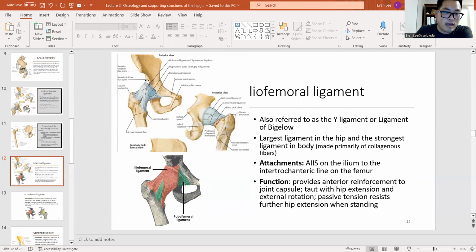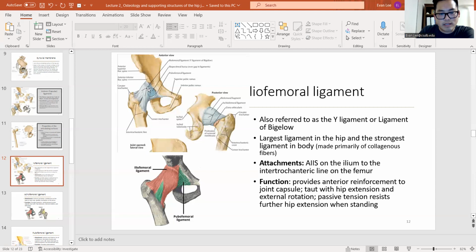This is called the anterior inferior iliac spine. So anterior inferior iliac spine, this is where this ligament will connect to, but then it's going to branch out and bifurcate right here to go to the greater trochanter, and then also the intertrochanteric line along the anterior side of the femur.